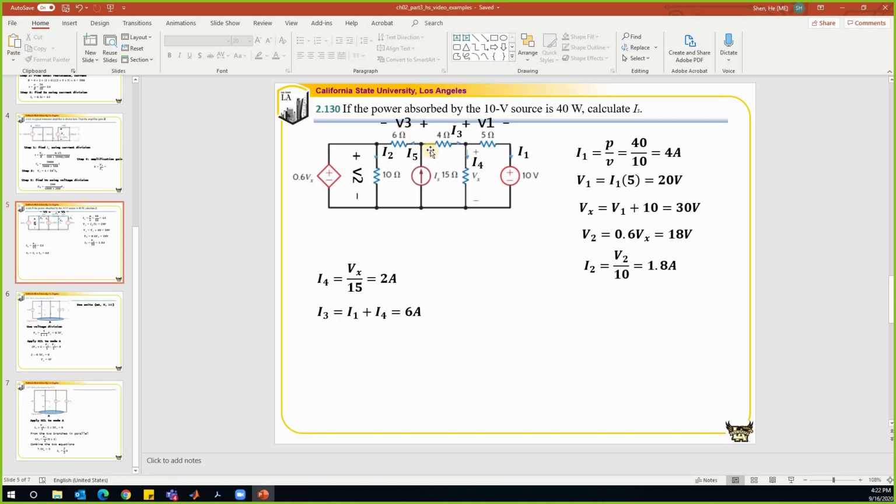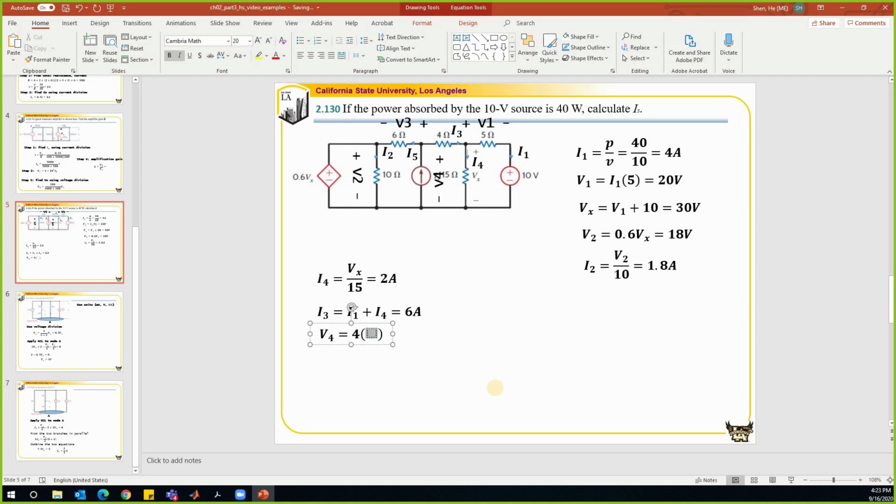To find out V3, let's call this total voltage drop V4. So we know that V4 can be calculated by using this branch, and V4 can also be calculated by using that branch. If we calculate V4 by using the right-hand side, which is equal to the voltage drop on this 4 ohm resistor, which is 4 times I3.